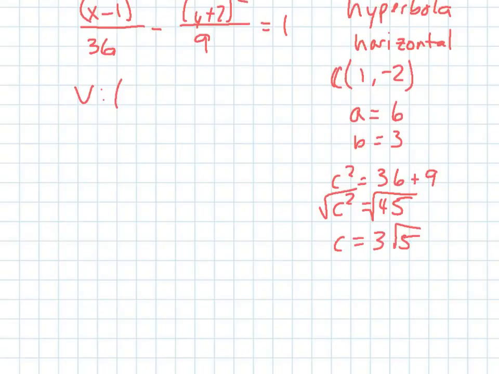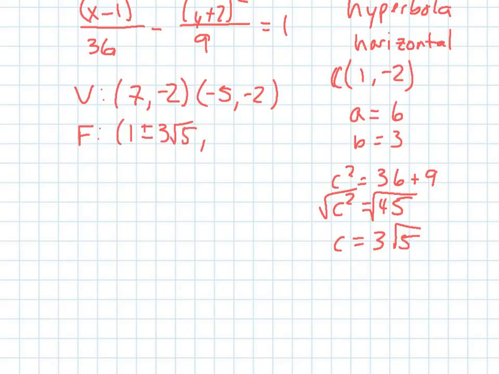So now I got my important parts. So 1 is going to be the value that changes. So 1 plus 6 is going to be 7. I'm just going to stay negative 2. And then 1 minus 6 is going to be negative 5, comma negative 2. So my vertices, and then my foci. Here you'll have 1 plus or minus 3 square root of 5, comma negative 2.